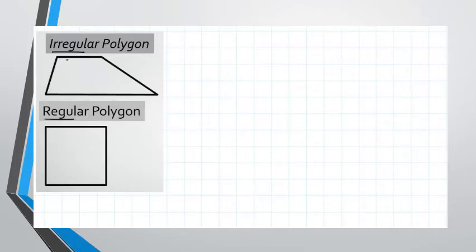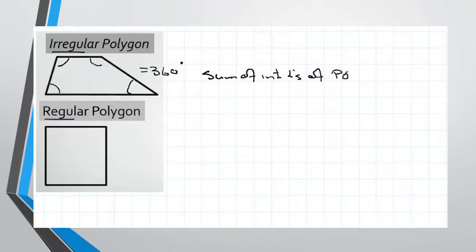Previously we have determined that the sum of the interior angles of a 4-sided irregular polygon is equal to 360 degrees. And then we have mentioned the formula: sum of interior angles of a polygon equals n minus 2 multiply 180 degrees.